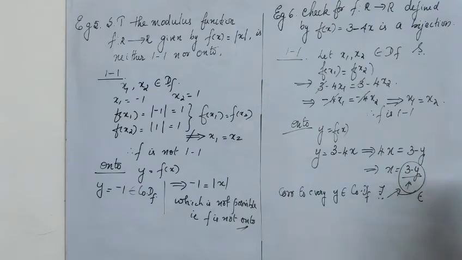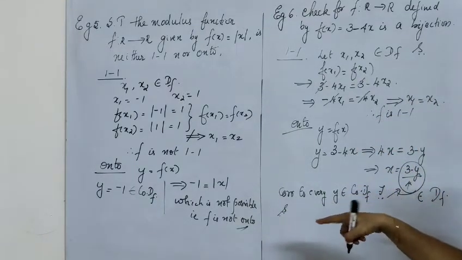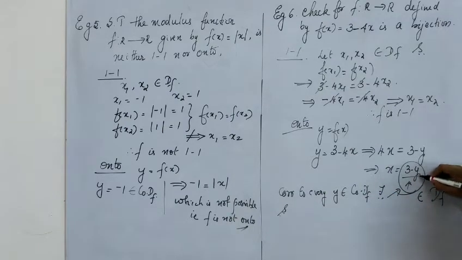Where does this value belong to? This value belongs to the domain of the function. That is, for any y value that I substitute here, I can find an x value.